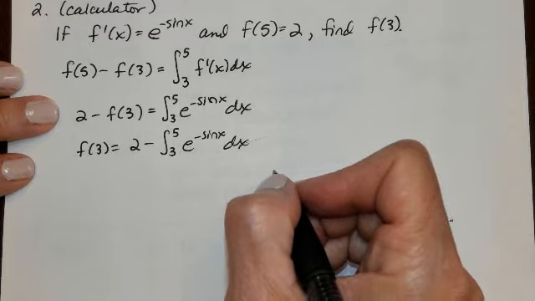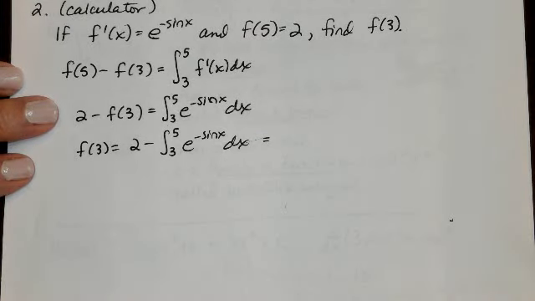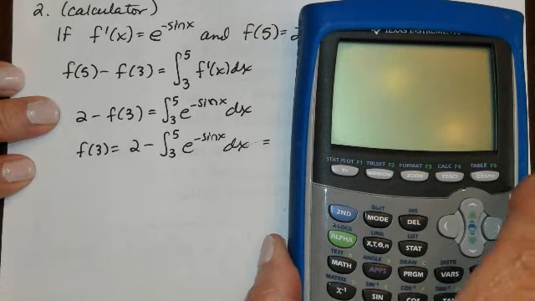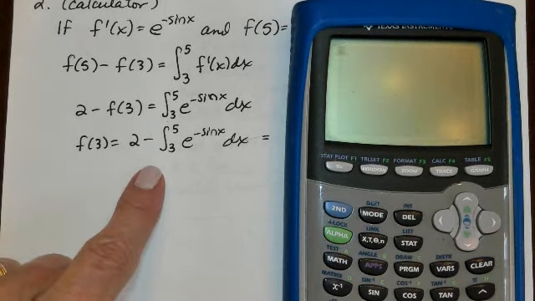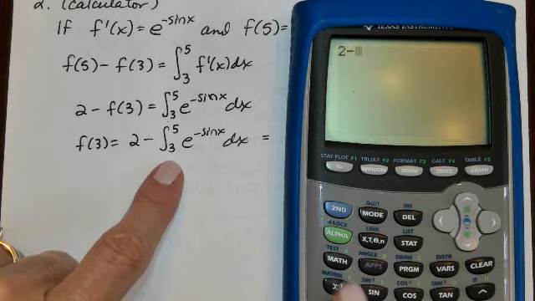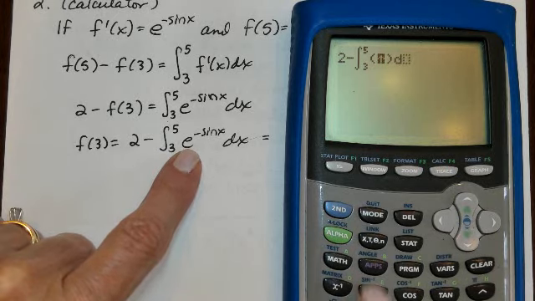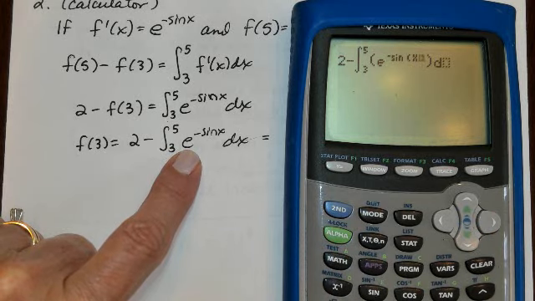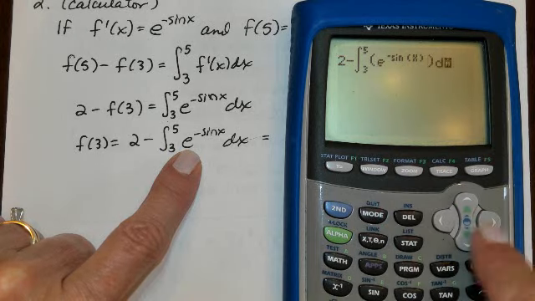Right? Little algebra. And this can go right in our calculator. So grab your calculator. Let's see, we have 2 minus 3 to 5, e to the negative sine x, make sure everything is good, dx.